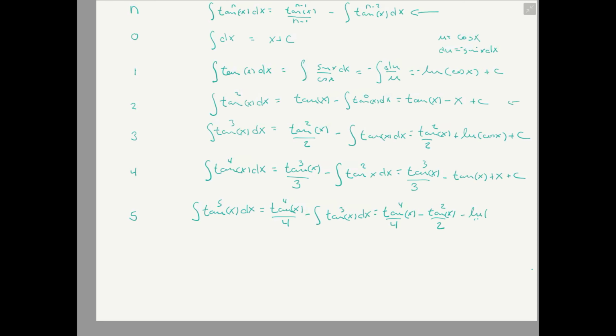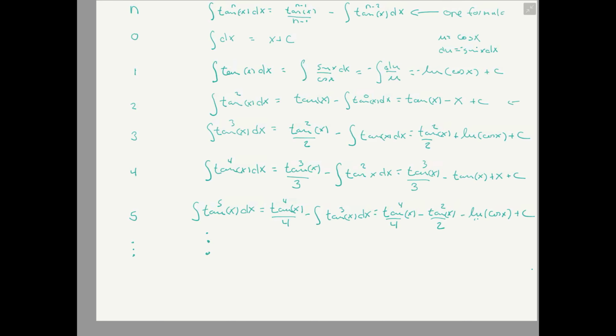That's equal to tangent to the fourth x on 4 minus tangent squared x on 2 plus or minus ln cosine of x plus c.